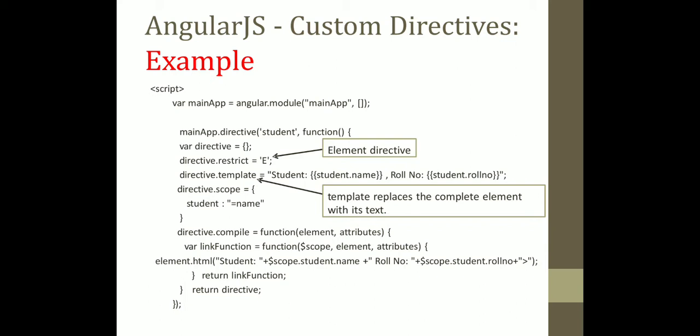After watching that output you can get the idea, but how it is made in code, that we are going to see. So here we have used directive.compile, and we have used a function with two parameters: first is element and second is attributes.